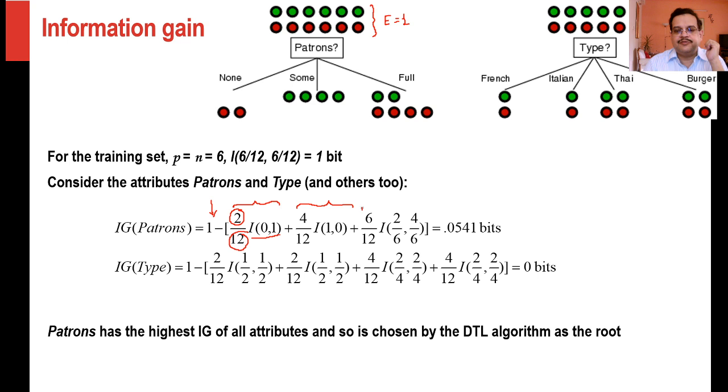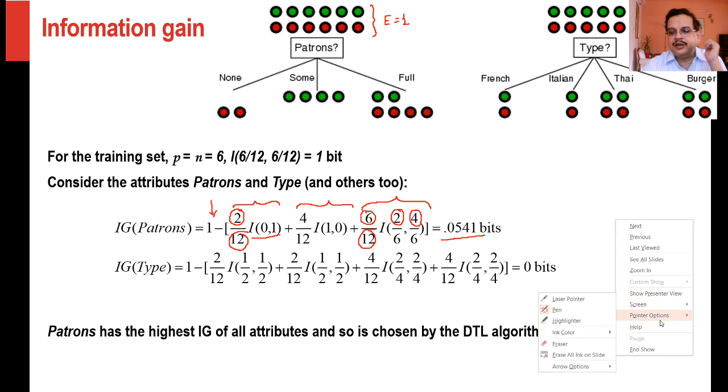And then I have this for the third branch, where I have 6 out of the 12 samples, and the entropy comes as I(2/6, 4/6), because there are 2 yeses and 4 no's. Okay. Now when you compute that, I get 0.0541 as the value of the information gain.